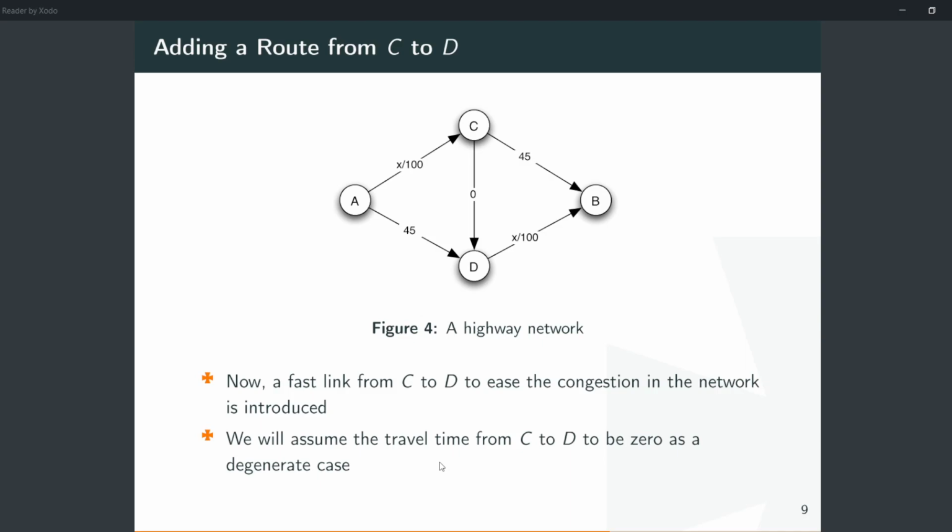So let's see what happens. Just for easier and simpler analysis, we are using the time as 0, so we can instantly go from C to D. Even when this is not 0, it's still possible realistically that the Braess paradox, or this kind of situation that we will encounter later, is happening.